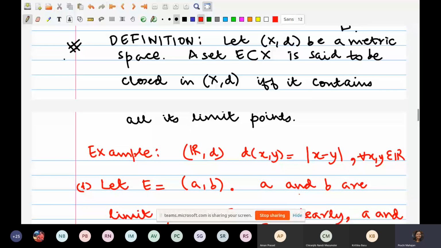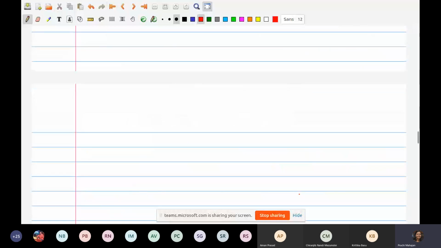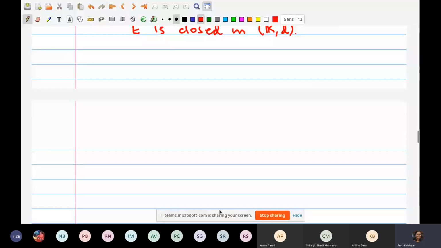If this all seems okay, then I would like to talk about the next set of examples. But before that, let's see a definition.